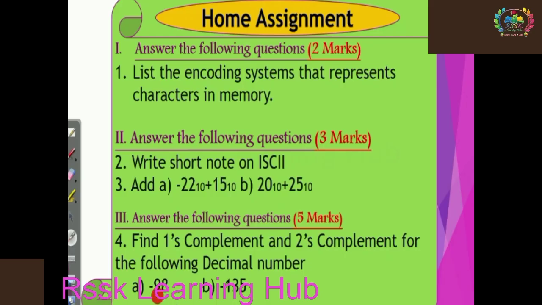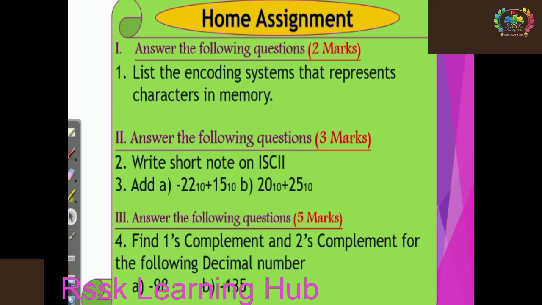What you have to do is convert this decimal number to its binary equivalent first, then make the one's complement, then make the two's complement. Once again, go through this video so that you can use it as a reference and solve the problems I have given as your home assignment.